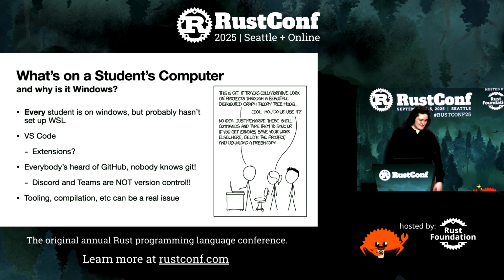And then one last shout I'll give is about Git. Git is kind of a problem with students. They don't teach it in school, and so everybody kind of understands what it is.